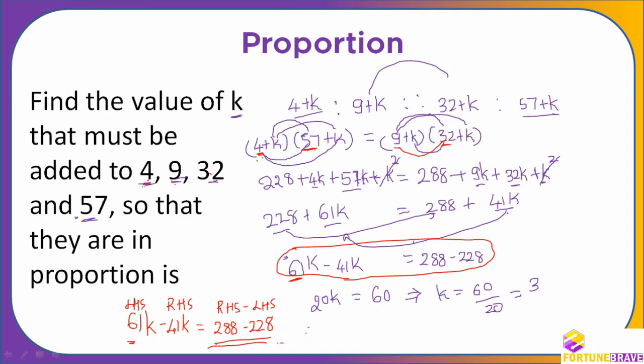Once again I am going to show you: 4 plus 57k minus 9 plus 32k is equal to 9 into 32 minus 4 into 57. You are going to do it directly. Remember this. Next time you are going to do it directly.